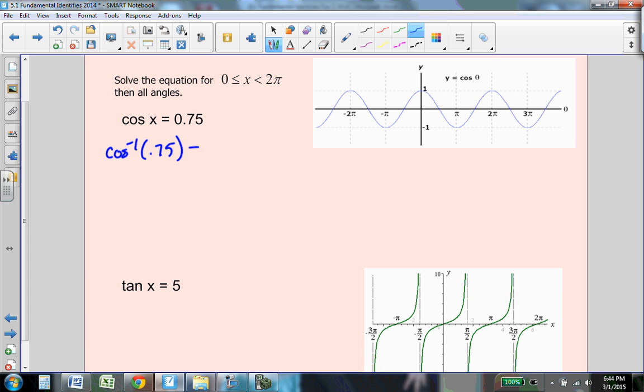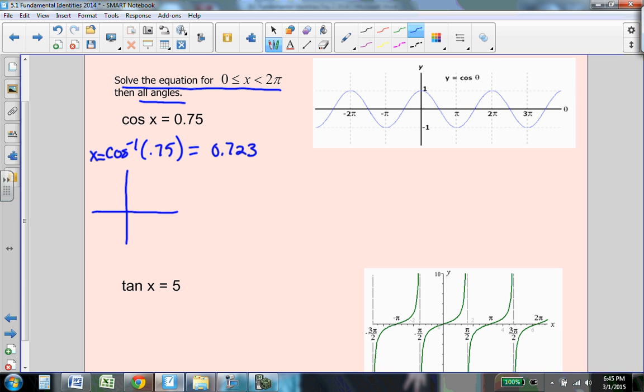I have already done this, so you may need to pause and type these in and verify for yourself that you can handle these. When I type that in radian mode, I got that my radian measure was 0.723. Well, I'm supposed to be solving the equation from 0 to 2 pi, all the angles. So the first time around, I'm just going to get 0.723.